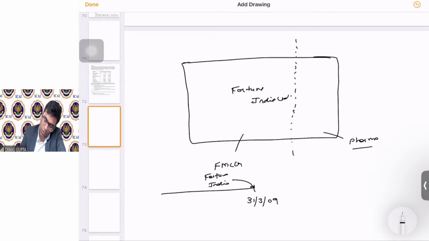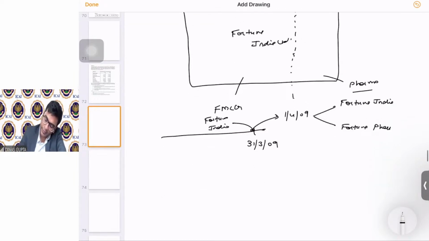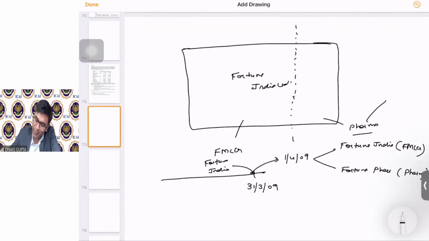Now on 1st April 09, two companies came into existence. One is Fortune India and second is Fortune Pharma. So Fortune India retained the business of FMCG and Fortune Pharma got the business of pharmaceuticals. Okay. Case is clear. So this pharma is incorporated into a new company.